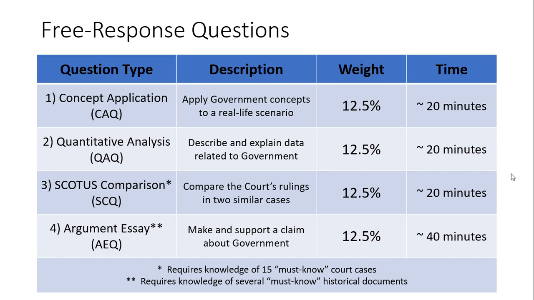In this type of FRQ, you're going to be introduced briefly to a Supreme Court case and decision that is not one of those 15 must-know cases. And then you're going to be asked to compare that case and the decision in that case to one of the ones that you do know. So while they'll give you all the information you need on this new case, it's going to be your knowledge of the must-know case that's going to help you do a good job here.